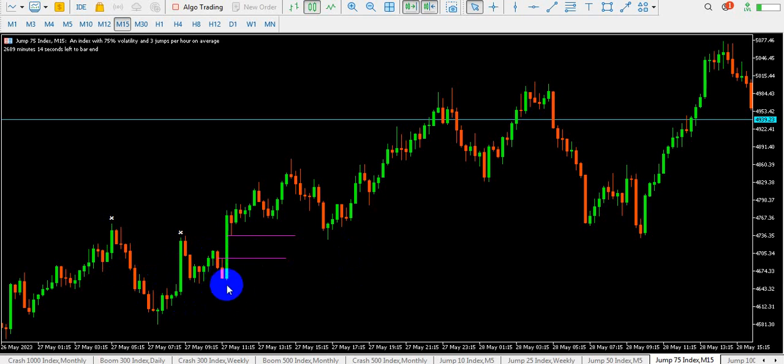Regarding the sizes, we call the size of the candle the range. So this range was a very big range, so it overshadowed how many candles? Look at the range of this candle, 1, 2, 3, that is 45 minutes. It took 45 minutes for this candle to form down.